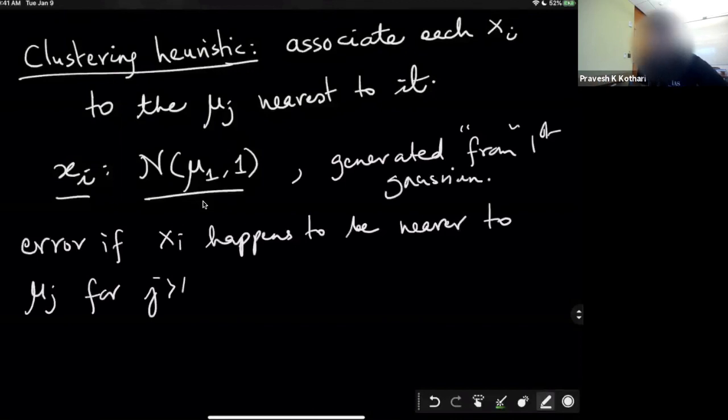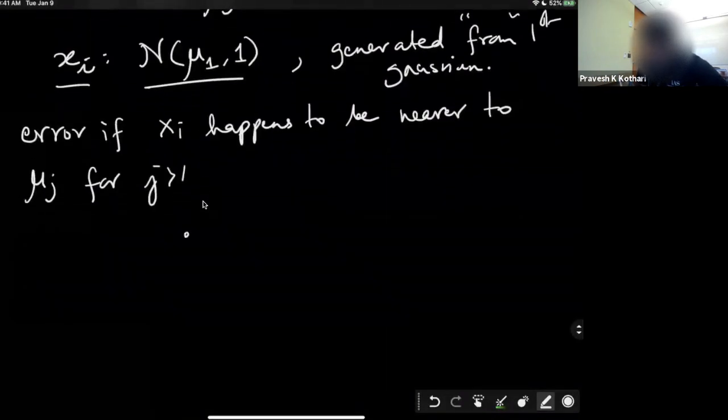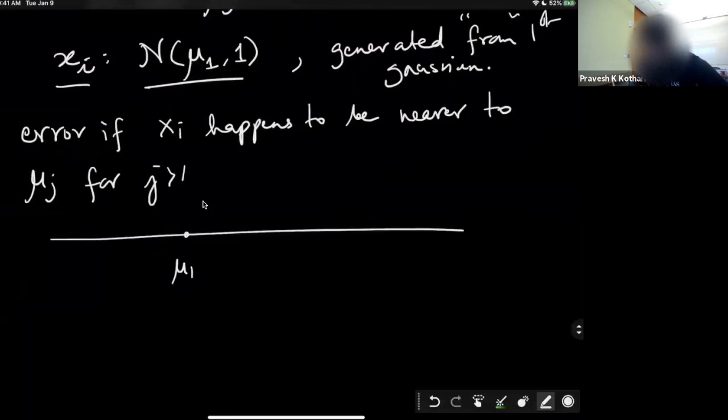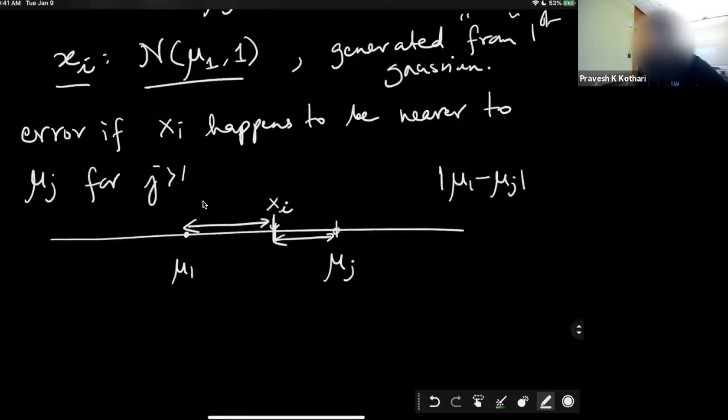So let's understand, what's the probability of that happening? Here is mu1 on the real line, and here is, let's say, mu sub j, for some j bigger than 1. Now we're saying xi happened to be here, slightly nearer to mu sub j than to mu sub 1, and that's why we assigned it to mu sub j and not mu sub 1. Now, we said that in one dimension the distance is simply the absolute value of mu1 minus mu j, and that this is bigger than delta.